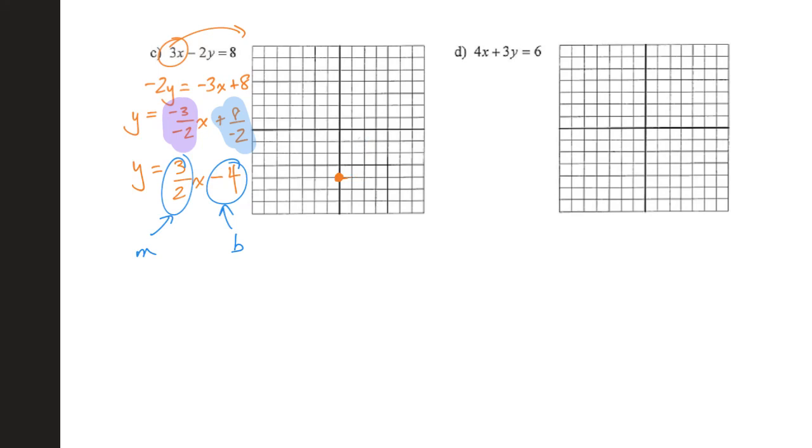I can get rid of all that stuff because I can just move according to units, over 2 up 3, over 2 up 3. Maybe that's enough points for me. I connect them and extend that the full width of the grid, and there we go. So hopefully we match up and we've got a decent sketch, decent graph.